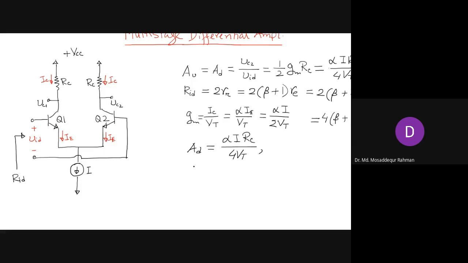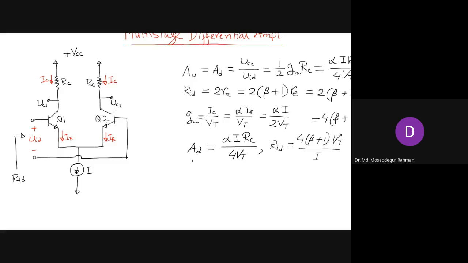And we have determined the RID, which is 4 beta plus 1 VT divided by I. Can you see this? Yes, sir. Okay.